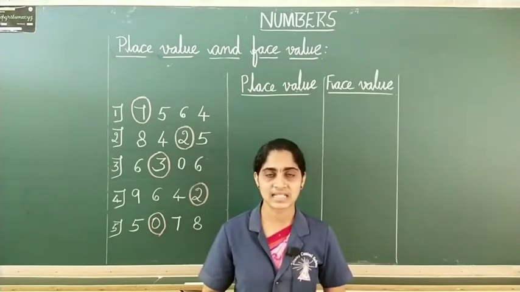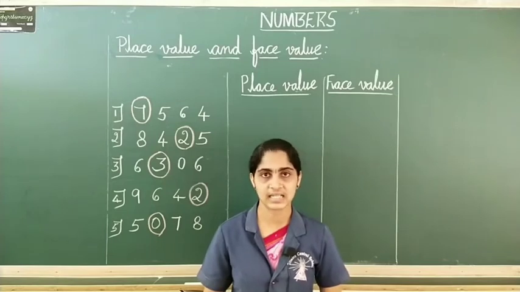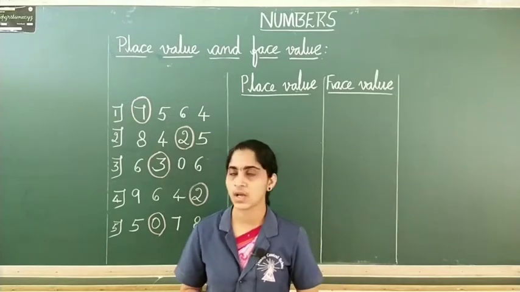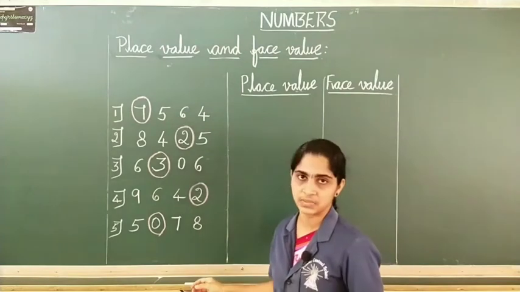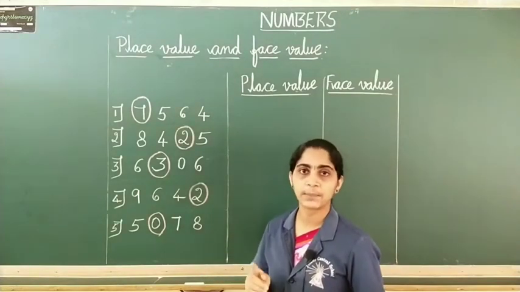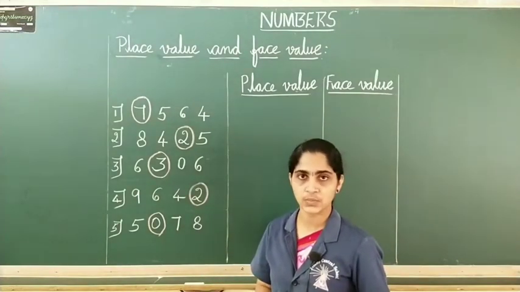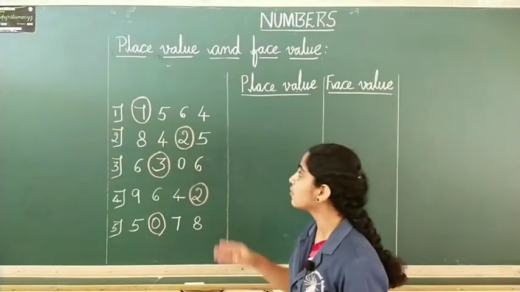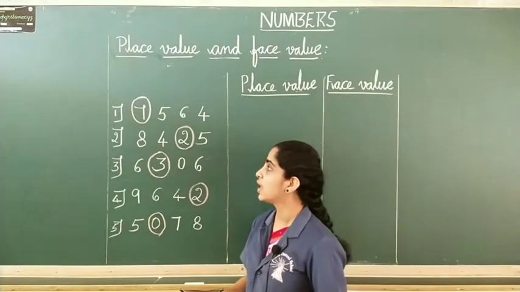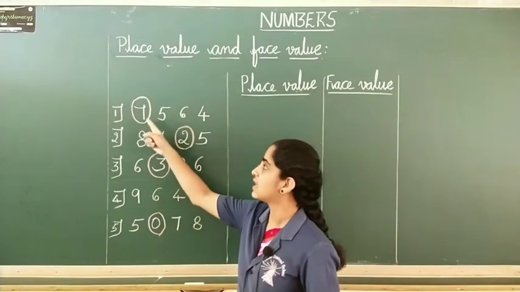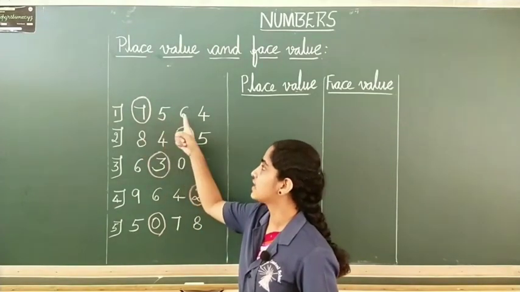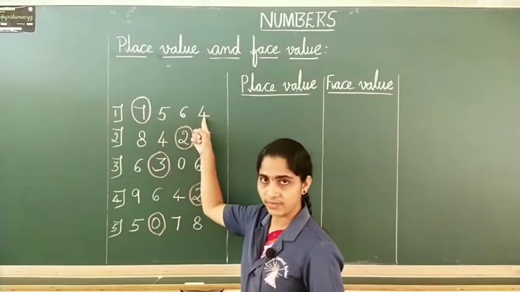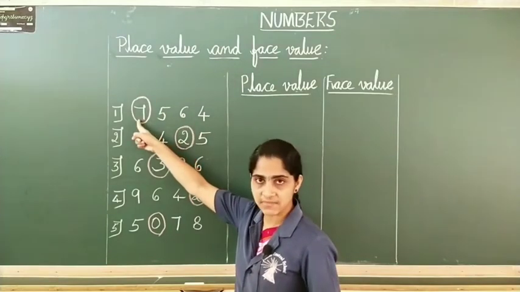So let us discuss this in detail through examples. So here you can see the numbers. We are going to write the place value and face value for these circled numbers. Now you can see the first number. You can see the digits here 7, 5, 6, 4 where I have circled 7.